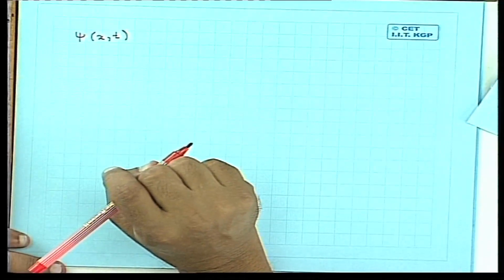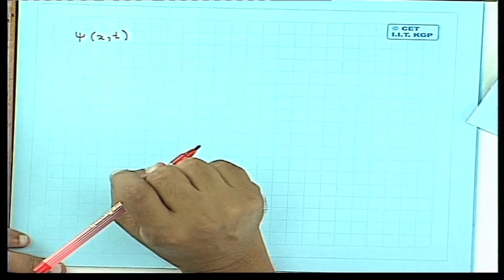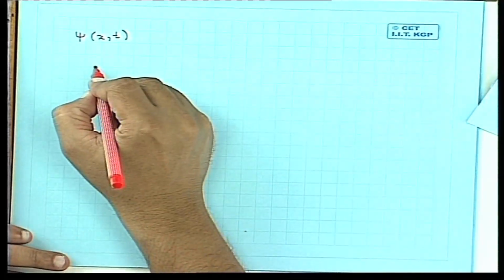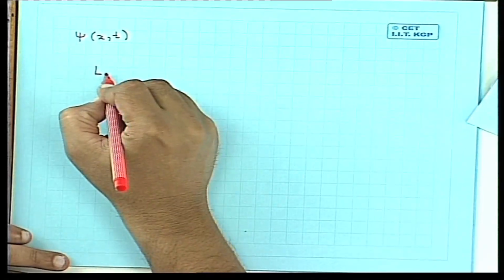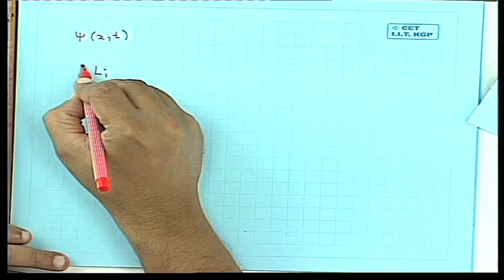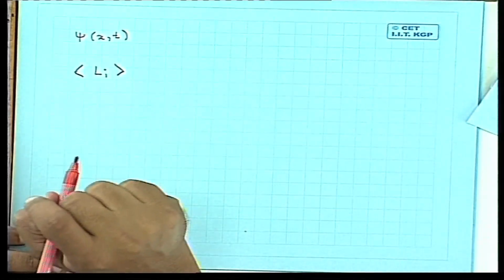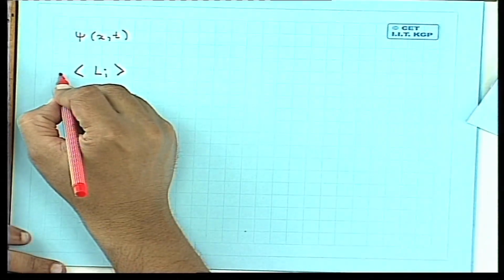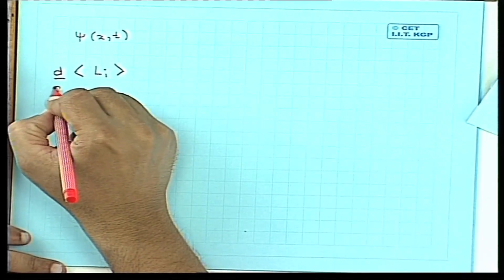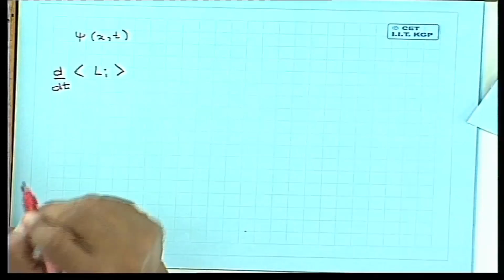Now the question I would like to address is, how does the expectation value of any component of the angular momentum, let us say Li, or any operator, any physical quantity, evolve in time? So we want to look at how this evolves in time.